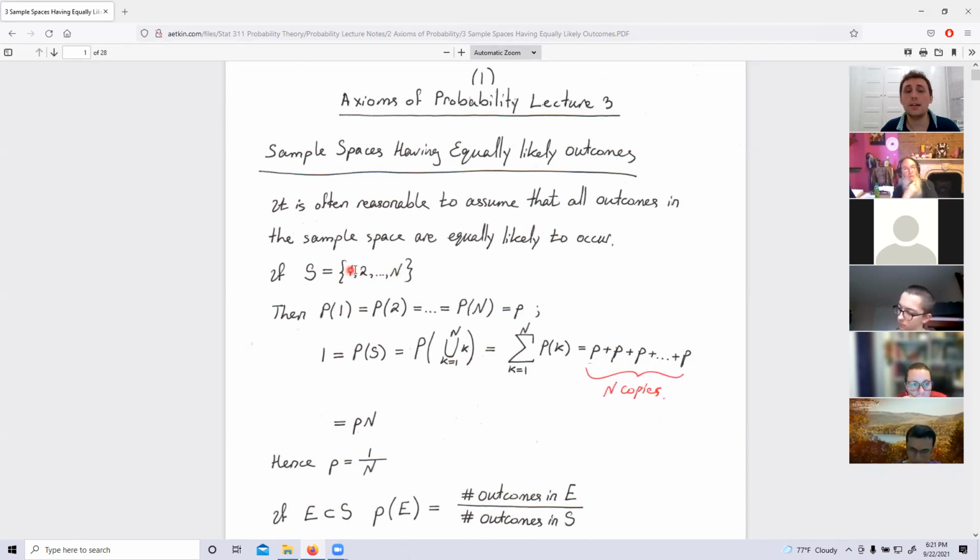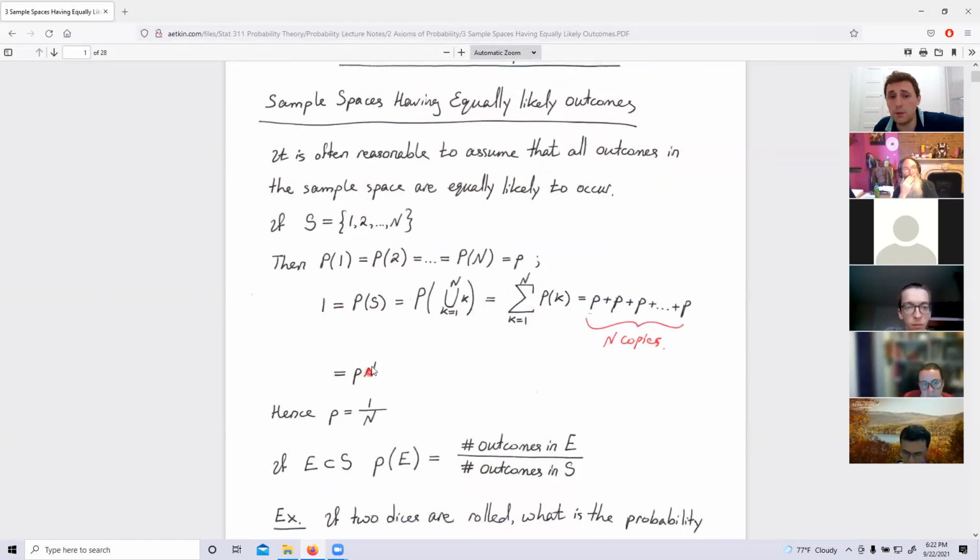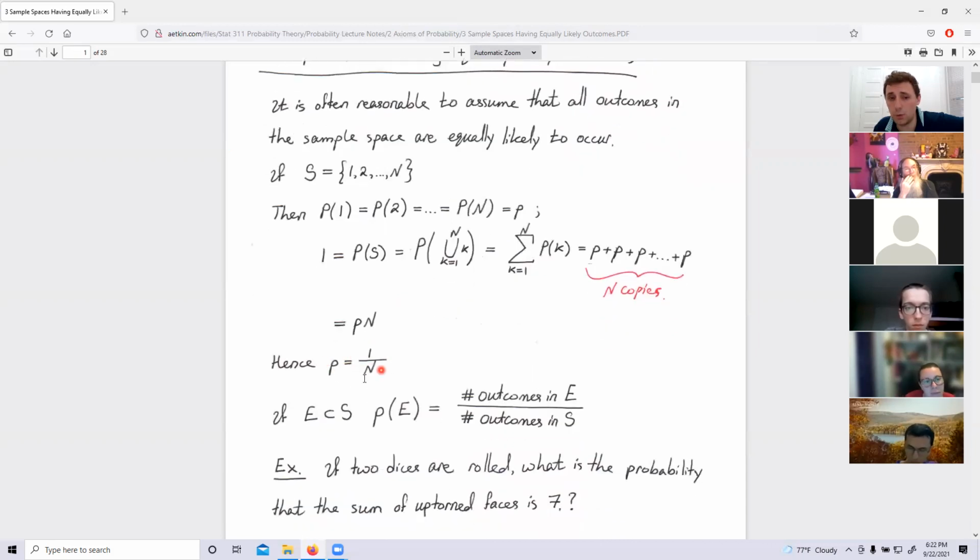So of course, if we have n outcomes, the probability of outcome 1 is the same as the probability of outcome 2, and it's equal to p. And by the axiom of probability, the probability of S is 1, which is the sum of all the n copies of p. Make sense? Which means that 1 is equal to p multiplied by n, which means p is equal to 1 over n.